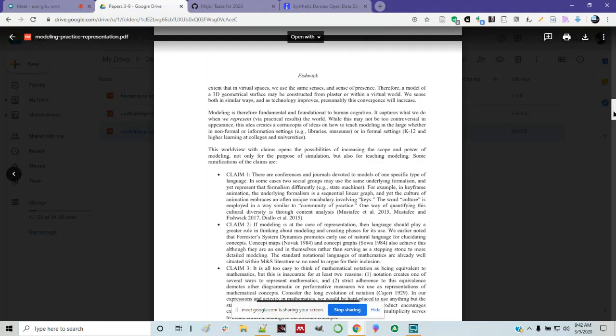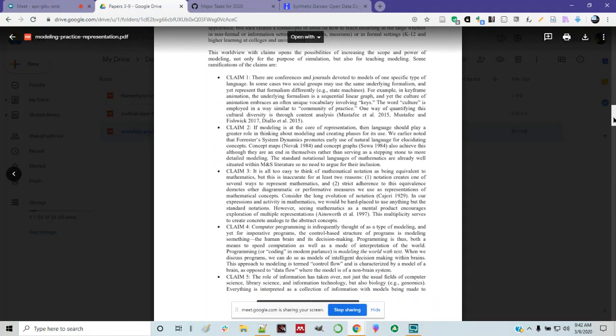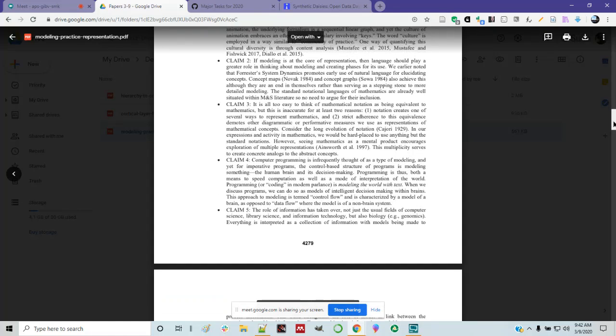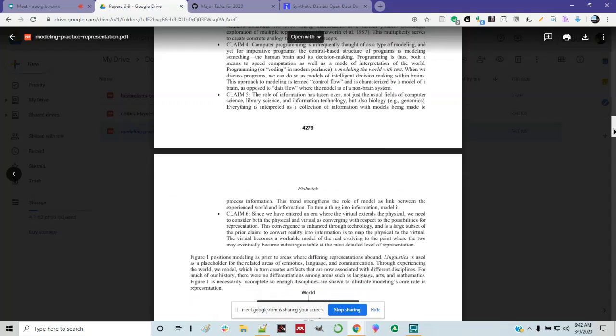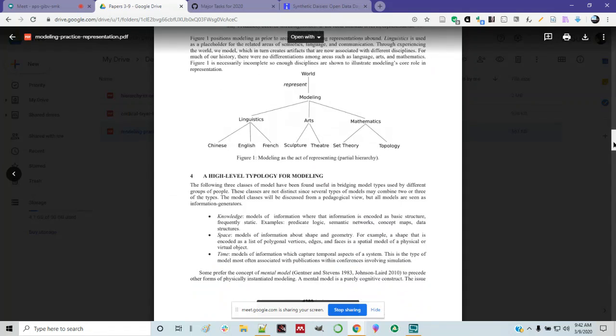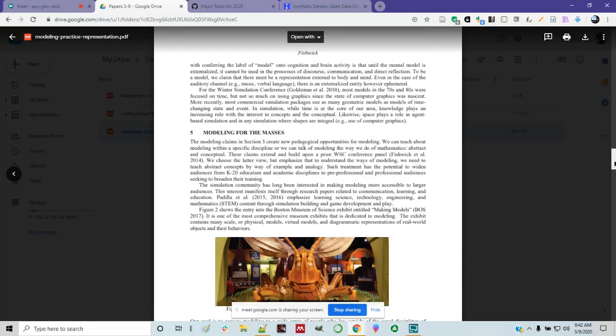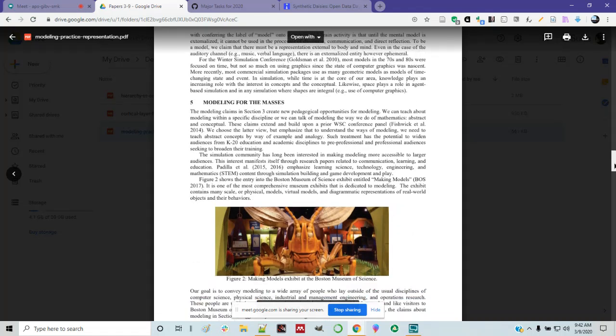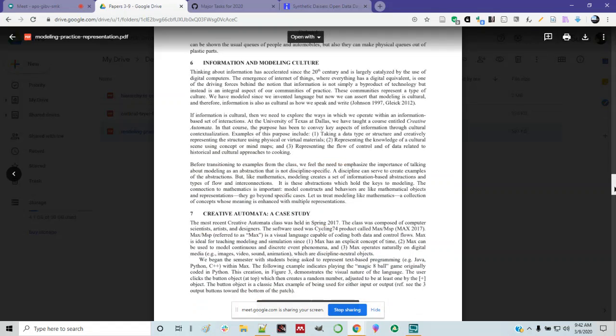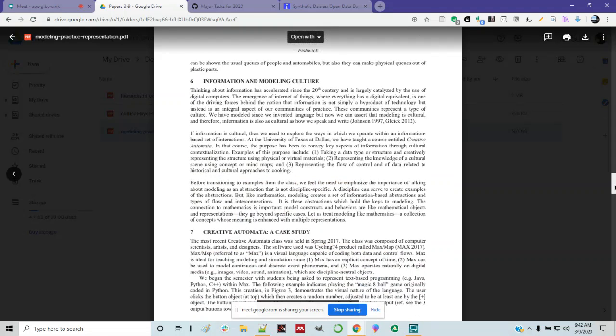I'm not going to go into the claims, but basically they stem from a lot of those points that he mentioned. I think that's a pretty nice paper, if you're interested in modeling and maybe the philosophy of modeling or other types of things.